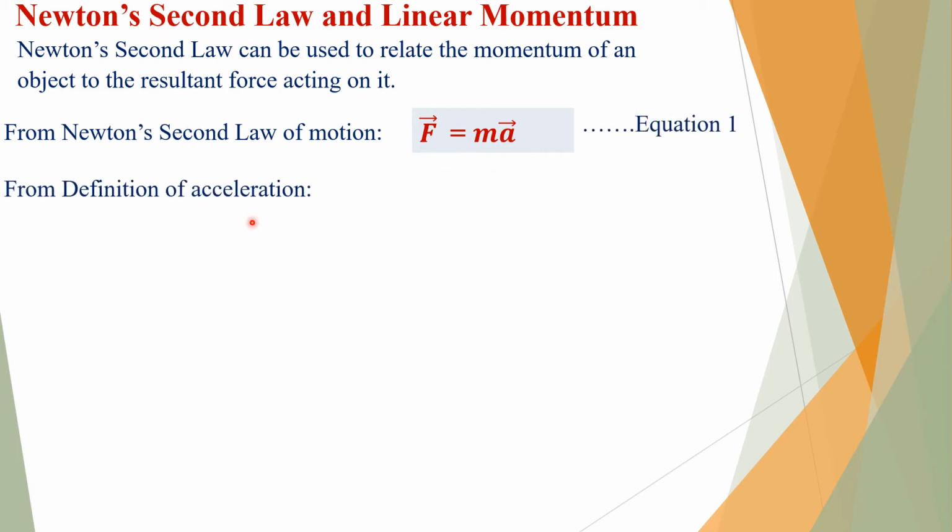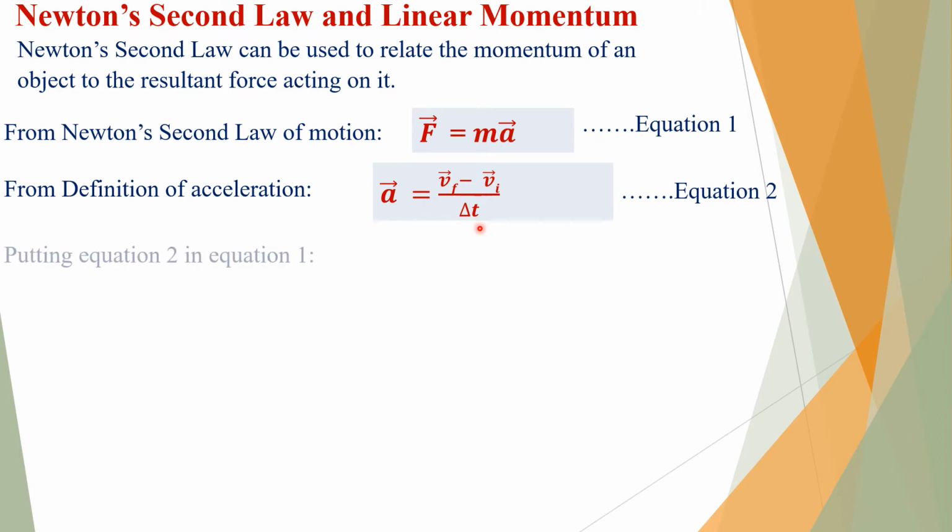From the definition of acceleration, acceleration is the rate of change of velocity, that is final velocity minus initial velocity divided by delta t. Let's say it is equation number 2. Putting equation 2 in equation 1, we get F is equal to m into (Vf minus Vi) divided by delta t.